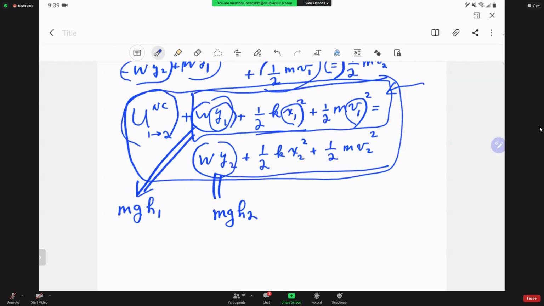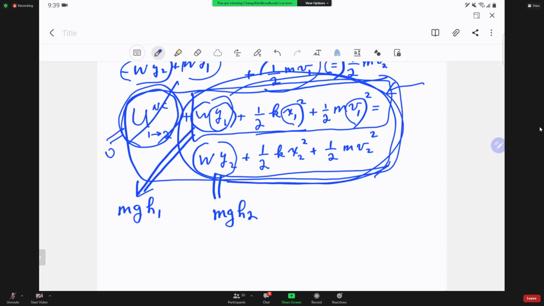When this guy is 0, which means I don't have anything like friction built into the dynamic system, then you drop this, and this is the only equation that you need to work with. If there is no spring, then you drop this. How simple is that, right?